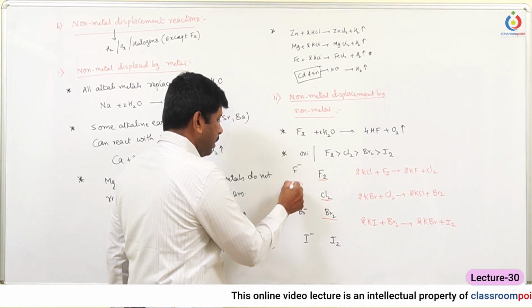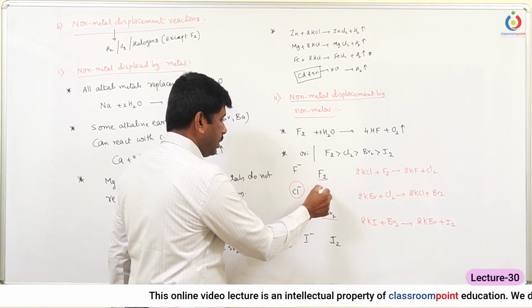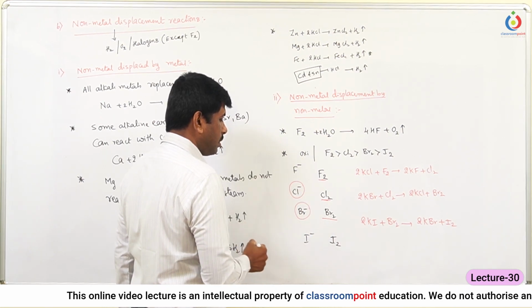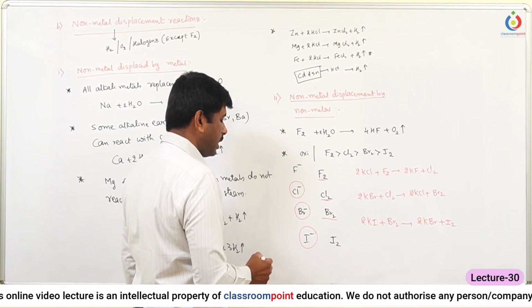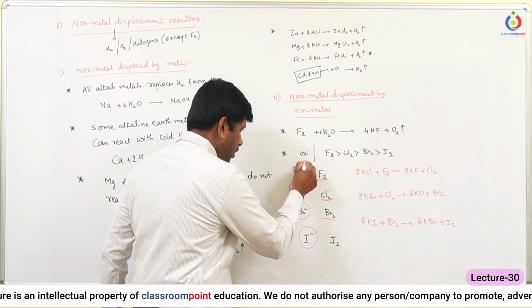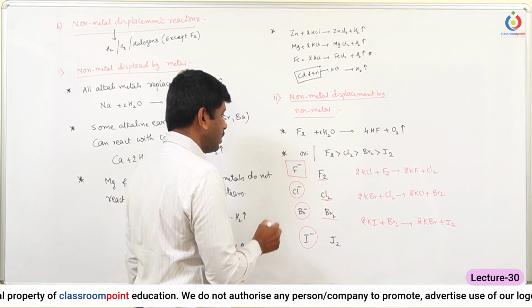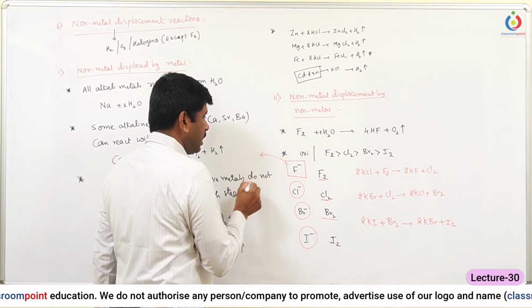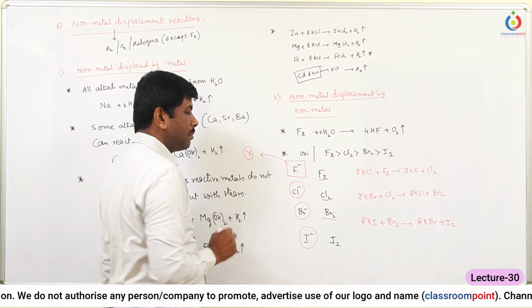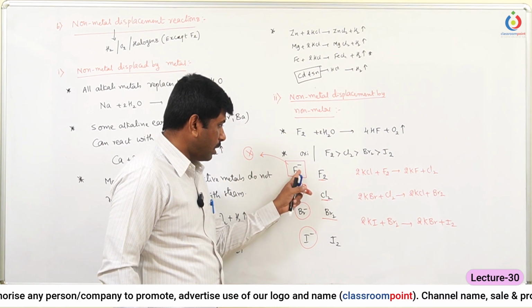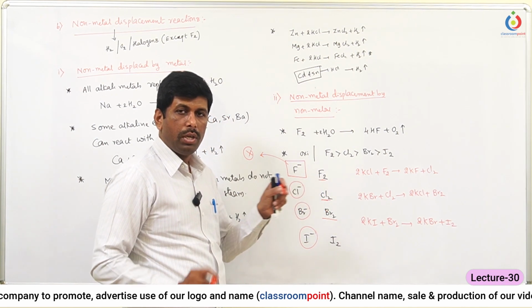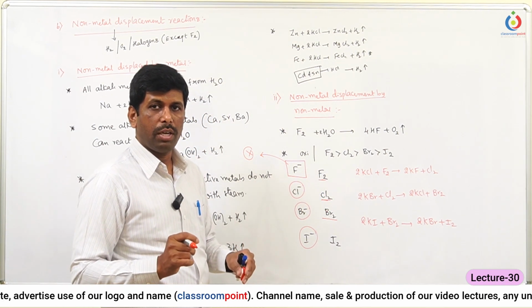So here Cl minus is oxidized to Cl2, Br minus is oxidized, I minus is also oxidized. The only one that is not oxidized is F minus. Chemically, F minus cannot be oxidized. So conversion of F minus into F2 is impossible using any chemical methods.